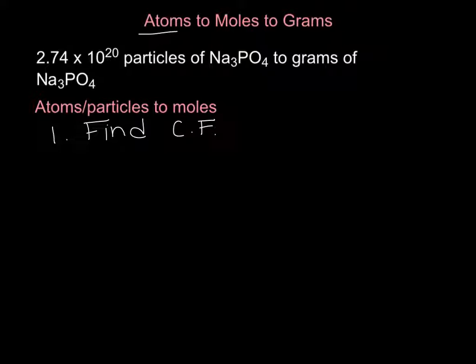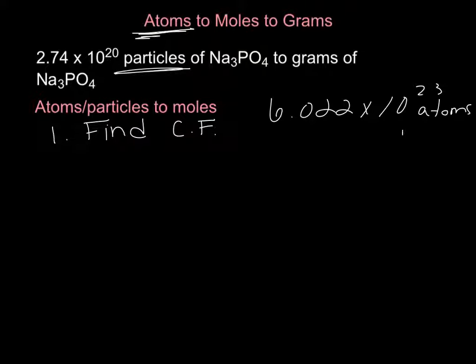Well, you have to remember, when you see atoms, or particles, you always have to be thinking of Avogadro's number. Avogadro's number is 6.022 times 10 to the 23rd atoms or particles. Since this never changes, my conversion factor is going to be as follows.